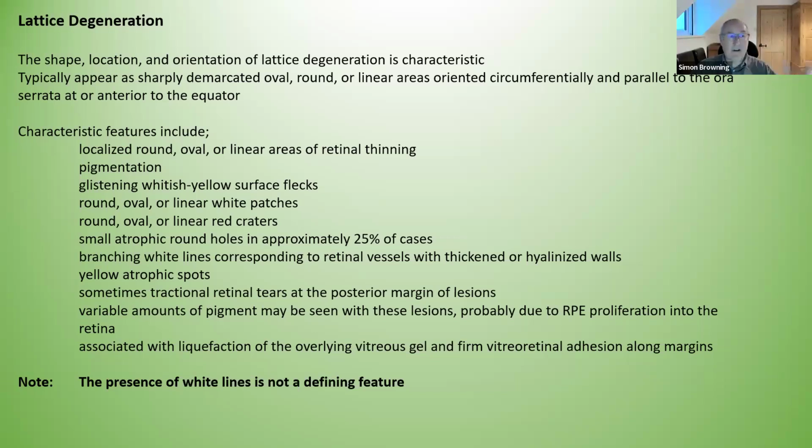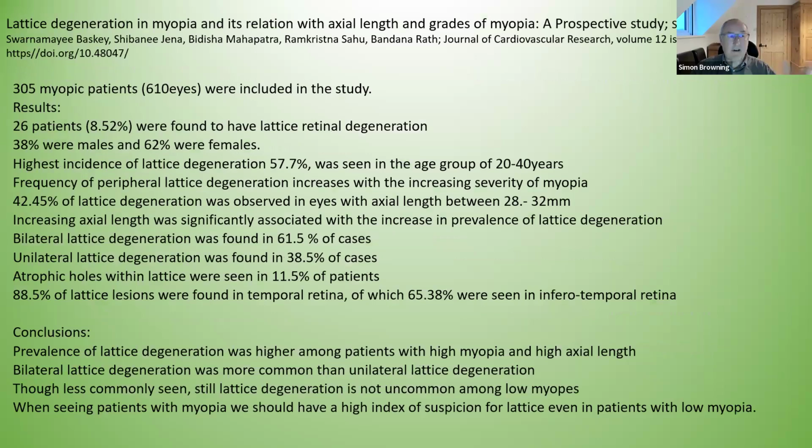We have another study here, and again just look at the increase in the amount of lattice degeneration when you've got myopia. 26% were found to have lattice degeneration, and 57.7% were seen in the 20 to 40 year age group. So again, it's a degenerative thing that's going to increase over time.